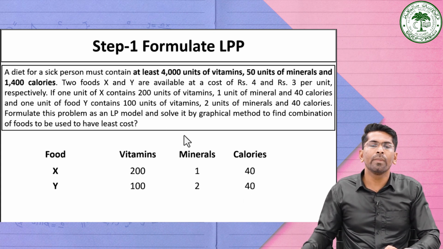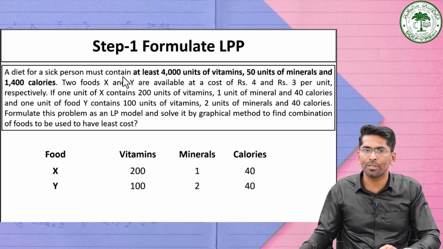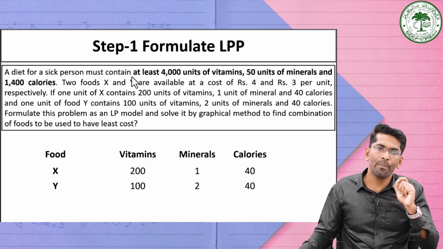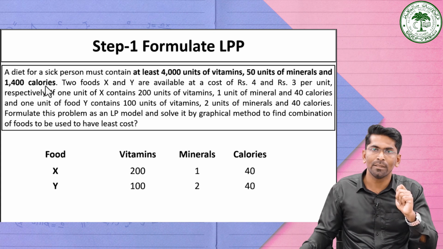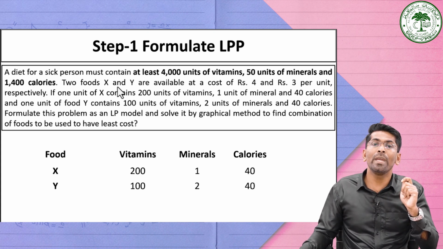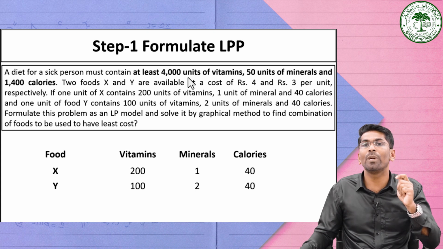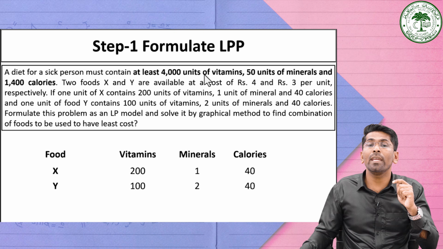Now in the given question, some more information is given: a diet for the sick person must contain at least. So for a sick person, a minimum of 4000 units of vitamin, 50 units of minerals and 1400 units of calories are required. So this is the minimum requirement. This is a constraint, and it will be a minimum of 4000 units of vitamin, so it will be greater than or equal to.